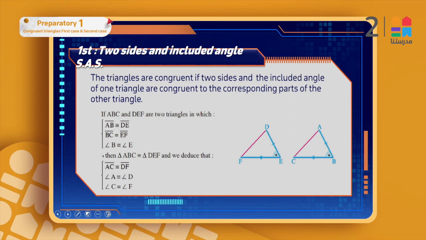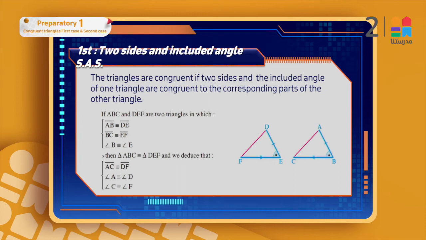Here we have triangle ABC and a triangle DEF are 2 triangles in which AB is congruent to DE, BC is congruent to EF, angle B is congruent to angle E. Then, the triangle ABC is congruent to the triangle DEF, and as you can see here, let's talk about the congruent sides.